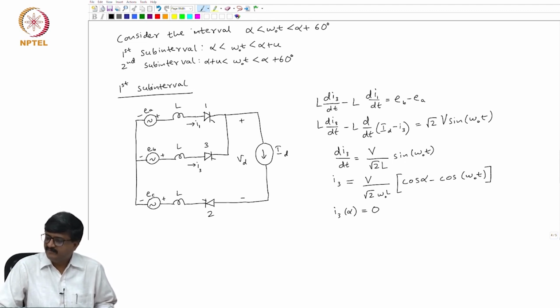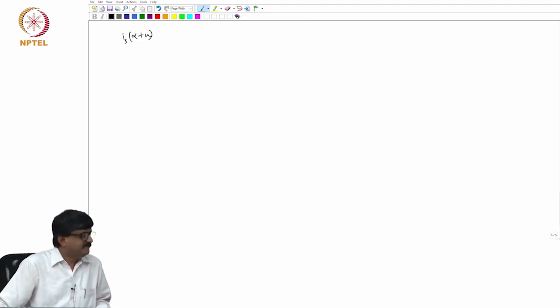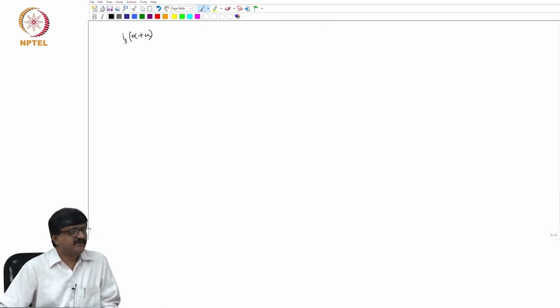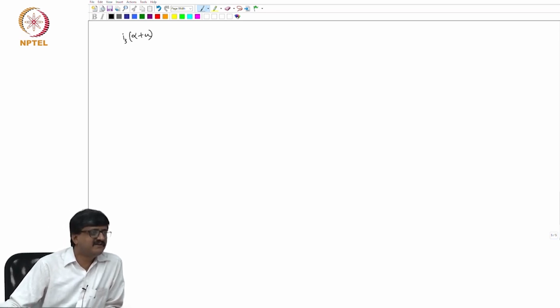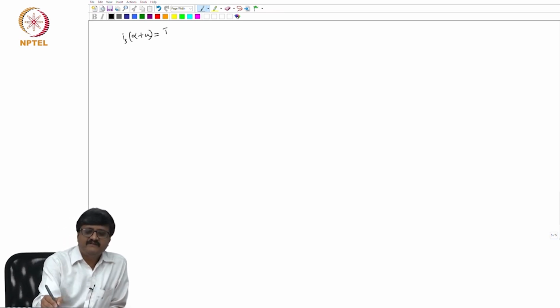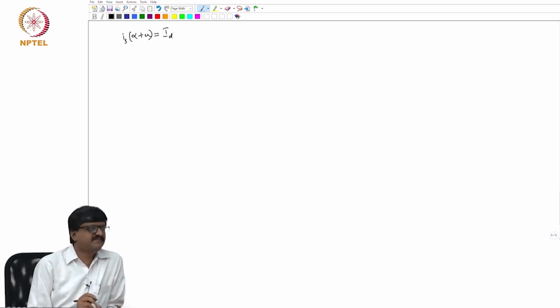What is I3 of alpha plus u? That is the definition of the first subinterval, so it is equal to ID. That means the current should have got completely transferred from valve 1 to valve 3.